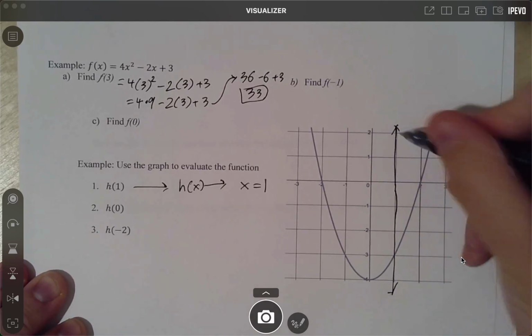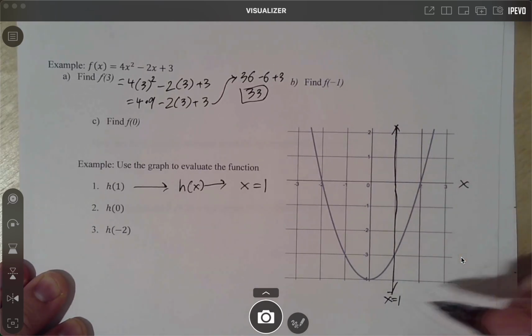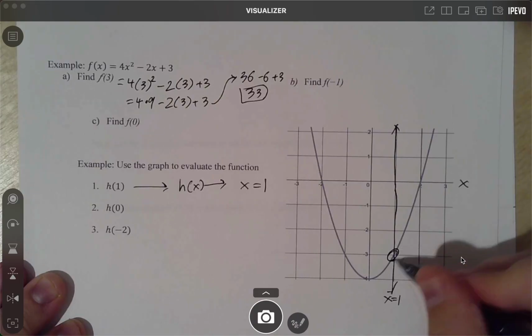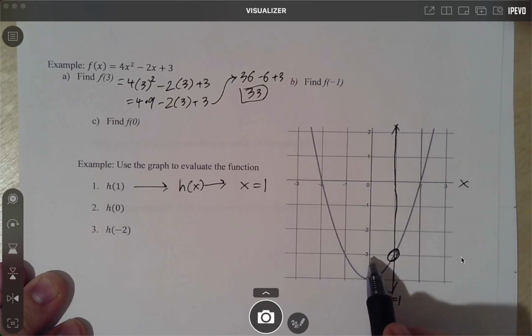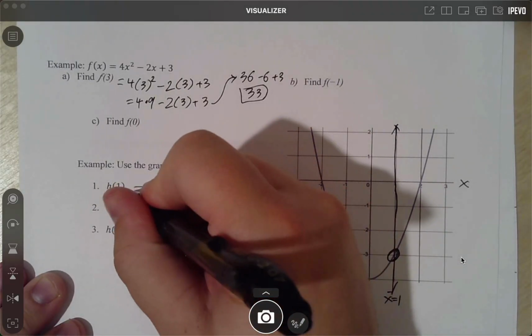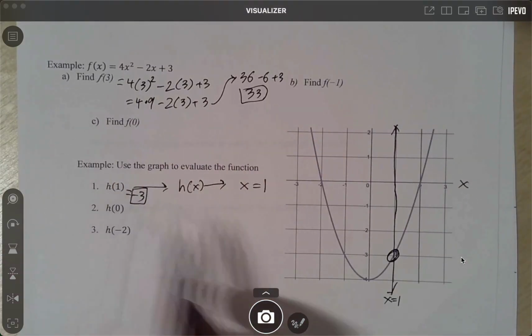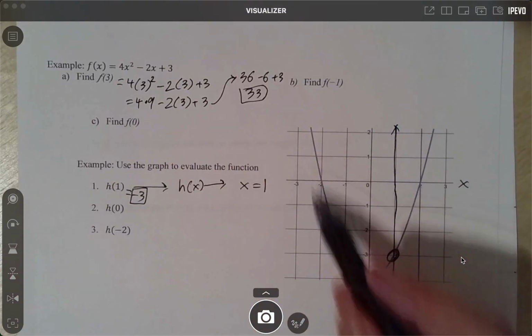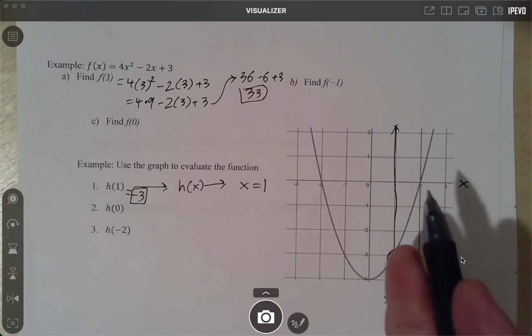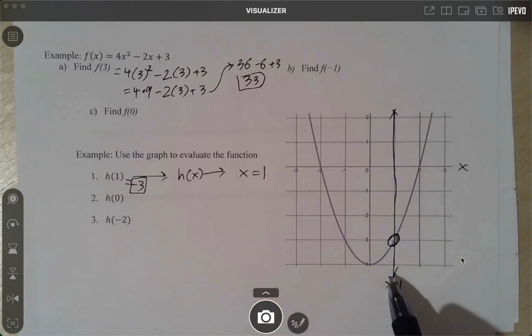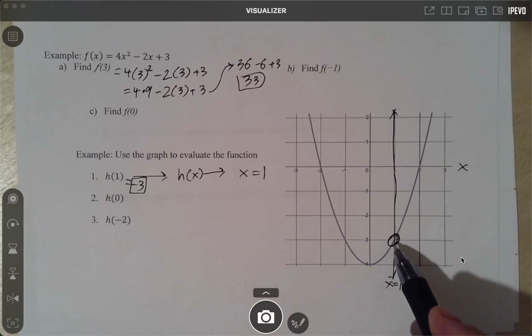So I'm looking at the vertical line, x equals 1, and I'm saying, where do I cross? And look, I cross at negative 3. So what is h of 1? H of 1, where this graph is when I have a vertical line crossing through 1 on the x-axis, is down here at negative 3.